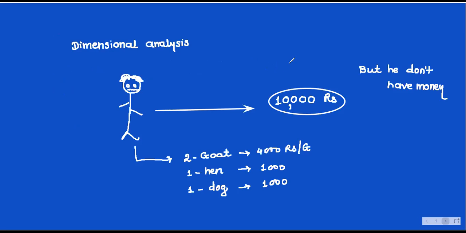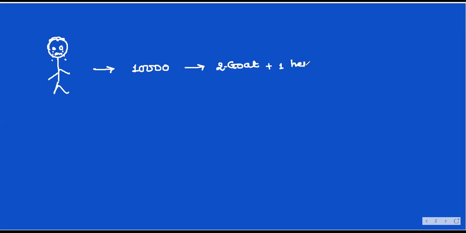To compensate this 10,000 rupees, what will he do? Two goats he will give, plus one hen and one dog.